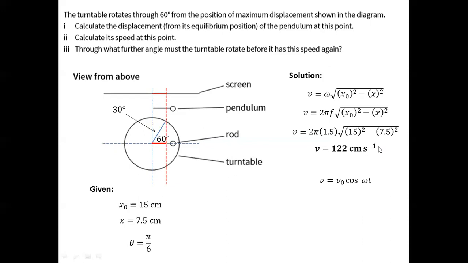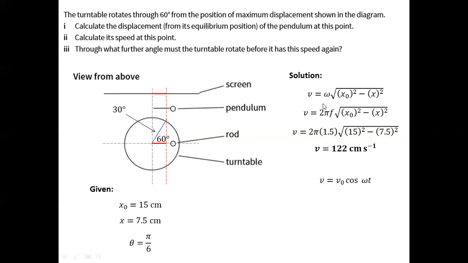Remember that in simple harmonic motion, the object will have a maximum speed when it is passing by the equilibrium position. Since x is the displacement from the equilibrium position, and the object is at the equilibrium position at that given time, then x will be equal to 0.